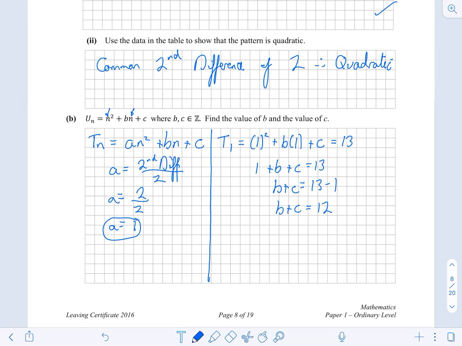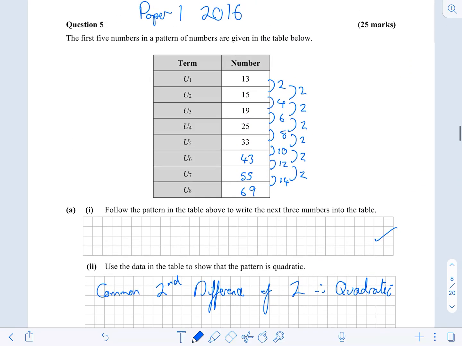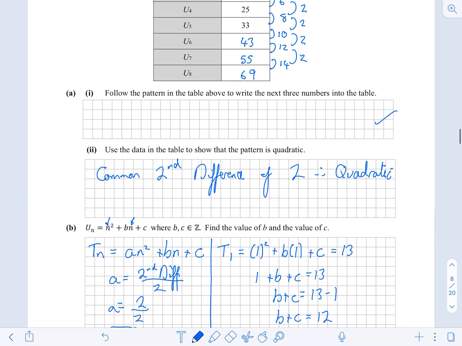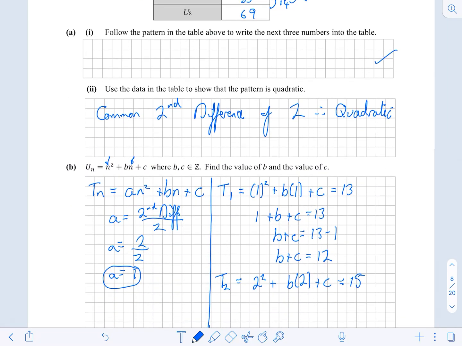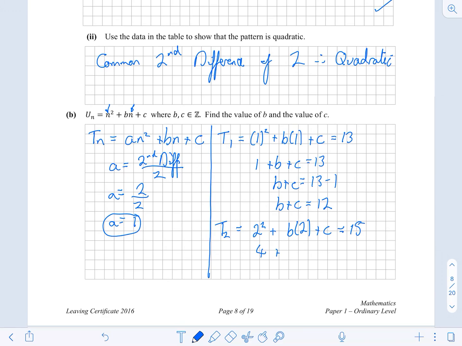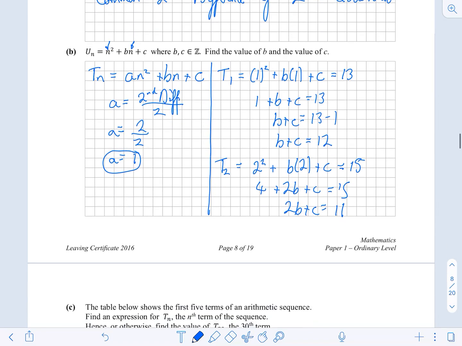That's quite handy. We do the same thing for T2: 2 squared plus b times 2 plus c is equal to, and this time T2 is 15. So 4 plus 2b plus c is equal to 15, so 2b plus c must equal 11.